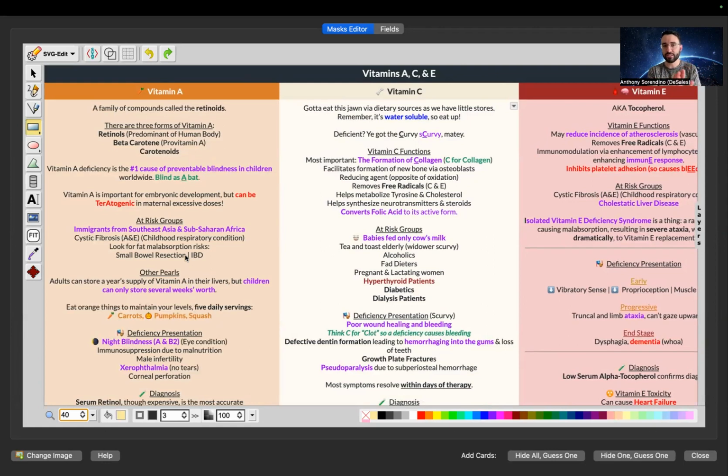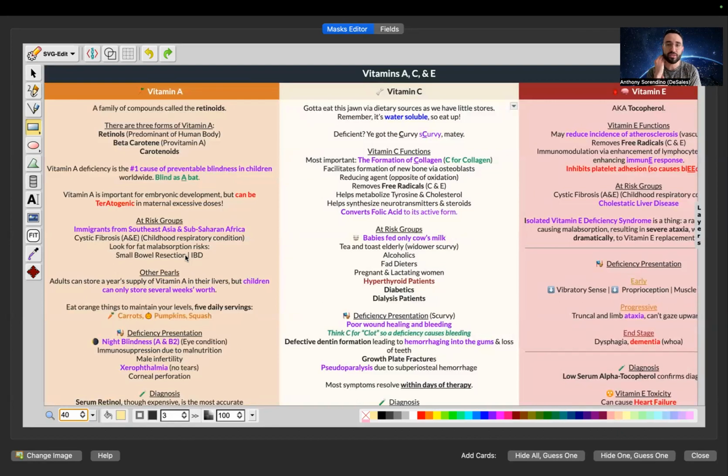Putting that context that I just did in some of these that I'm about to image occlude, it's putting them spatially in a location. So not only am I individually memorizing that vitamin A is teratogenic or that at-risk groups are immigrants from Southeast Asia, sub-Saharan Africa, which I would know from studying a flashcard as well, but I'm placing it on the left of this table, right? I know it's on the left.